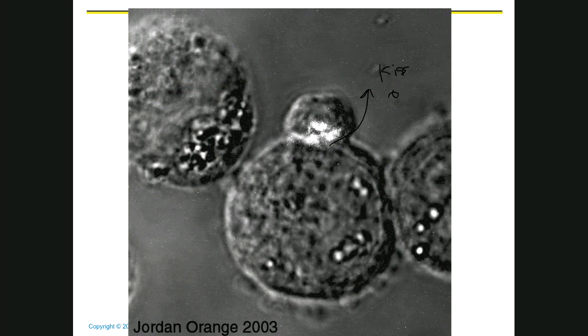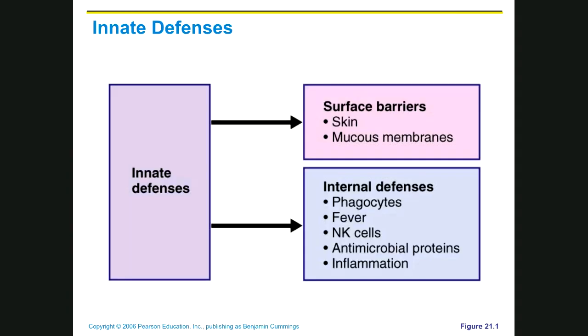Because what's going to happen is it's going to analyze the surface proteins on this cell. It's going to determine it's altered. And it's going to release those toxins and things like perforins. And when it backs away, this cell is going to explode. So, those are phagocytes and NK cells.